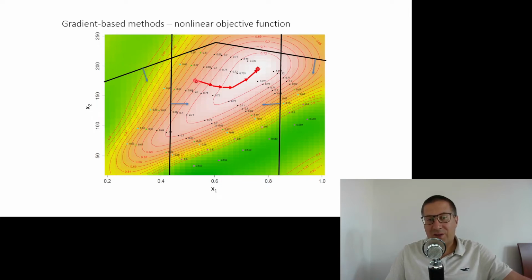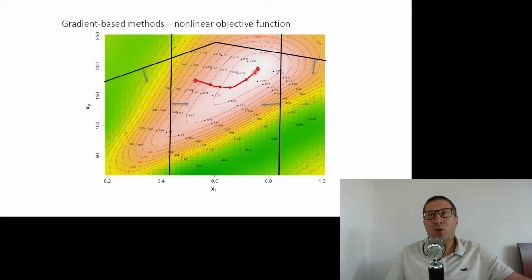So this is our starting point, and we do one step forward in the direction of the gradient. Then our hill gently changes shape, so the new gradient is calculated here. We have to turn left a bit, then once again and once again. After every step, the new gradient is calculated.